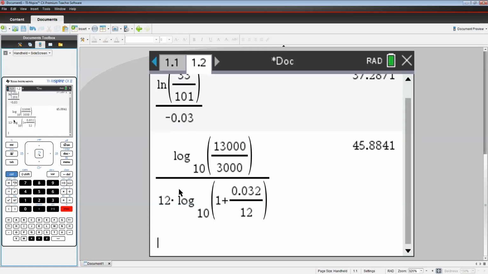I hit enter, and approximately how many years? Round to the nearest year. It's going to take about 46 years for this to happen. All right, t is about 45.8841, or around 46 years.